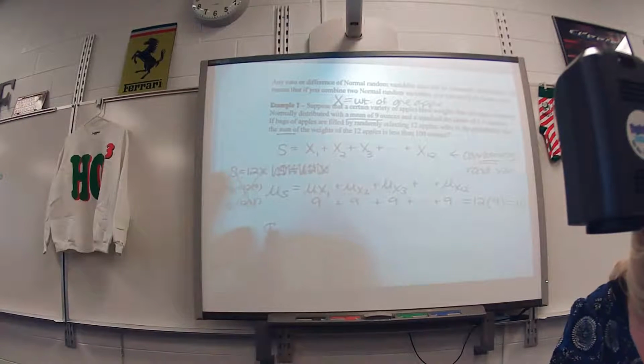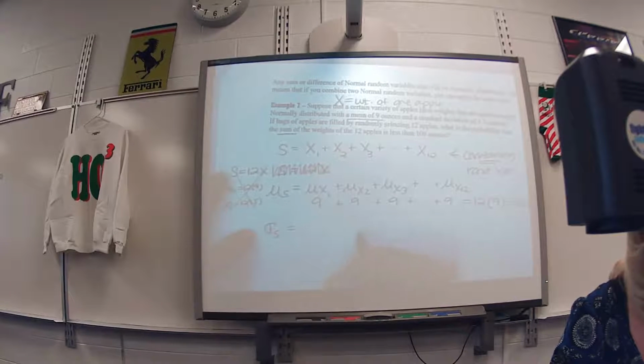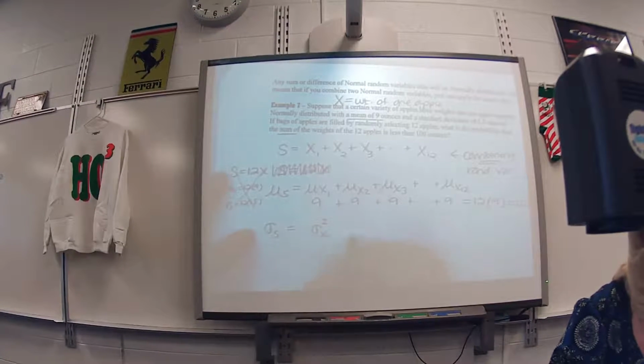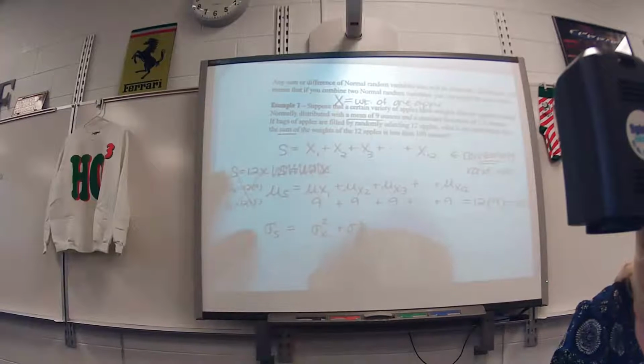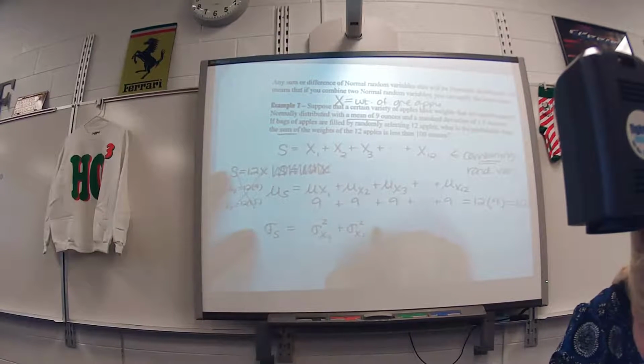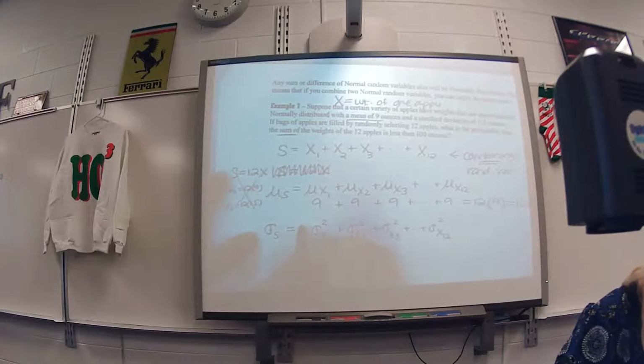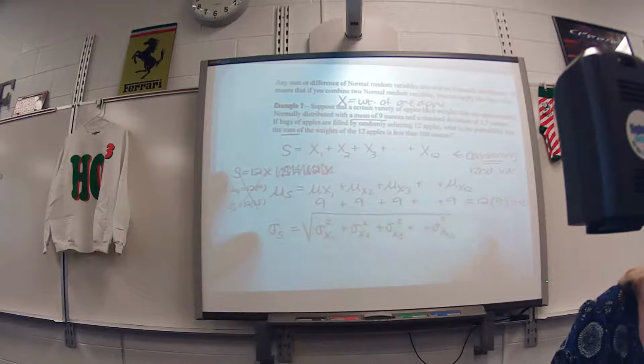You have to say the sigma for S is actually sigma squared for x sub 1 plus sigma squared for x sub 2 plus sigma squared for x sub 3 all the way up to sigma squared for x sub 12, and it's all going to be under a giant square root.